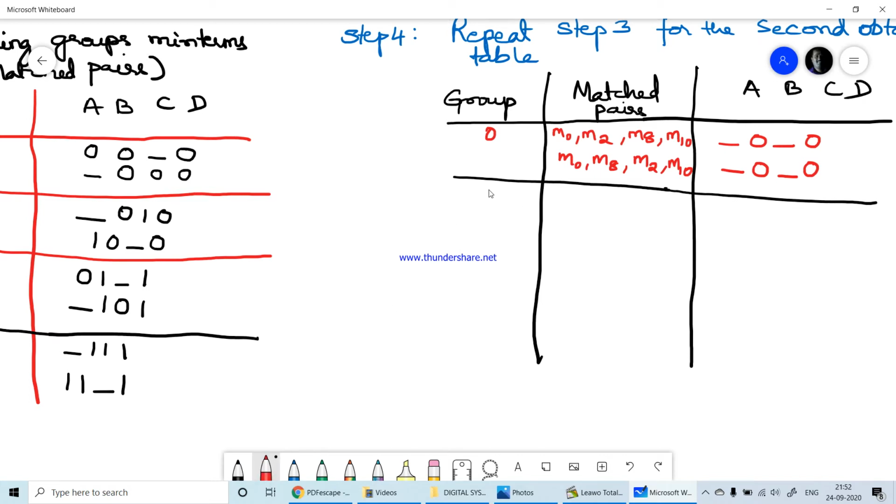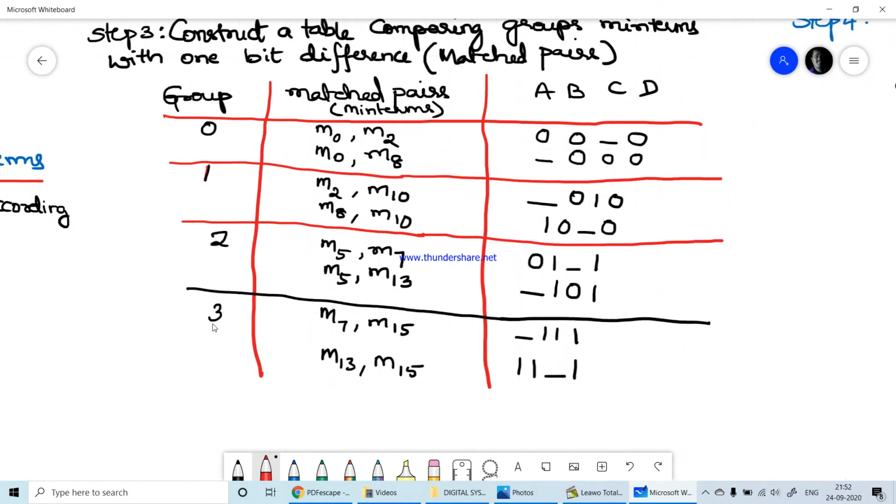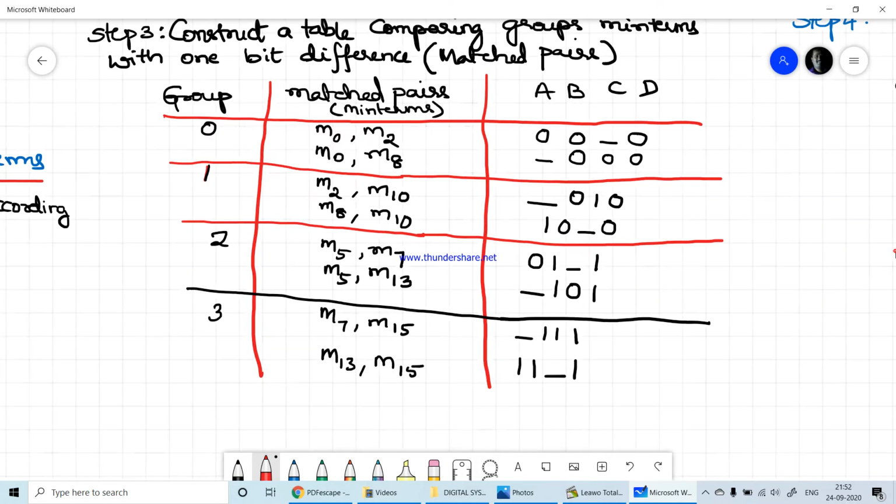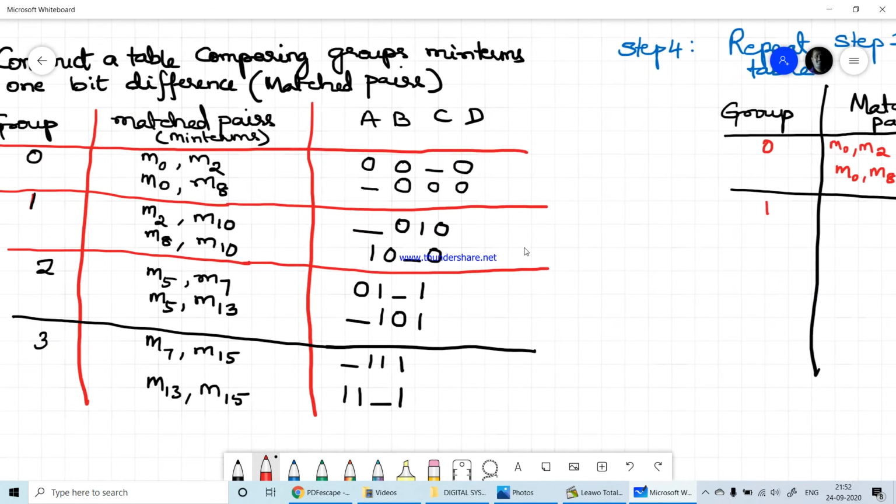Which is group 1. Now we compare group 1 with group 2 in this table. We'll compare M2 M10 with M5 M7. Let us see, is it possible? Dash 0 1 0 and 0 1 dash 1.